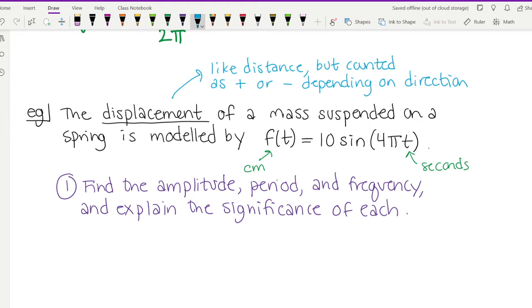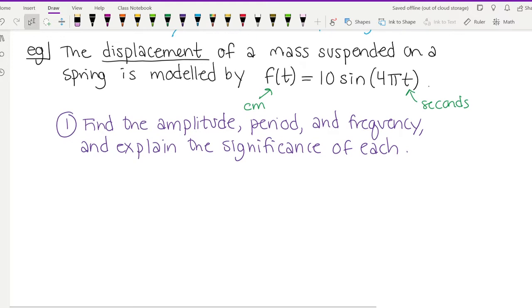When it bounces down below that resting position, that is considered negative displacement. And when it goes up, above its resting position, that is considered positive. So it's basically just displacement. You can think of it as like position, where there's some position that's considered 0, and above that position is considered positive, and below that position is considered negative.